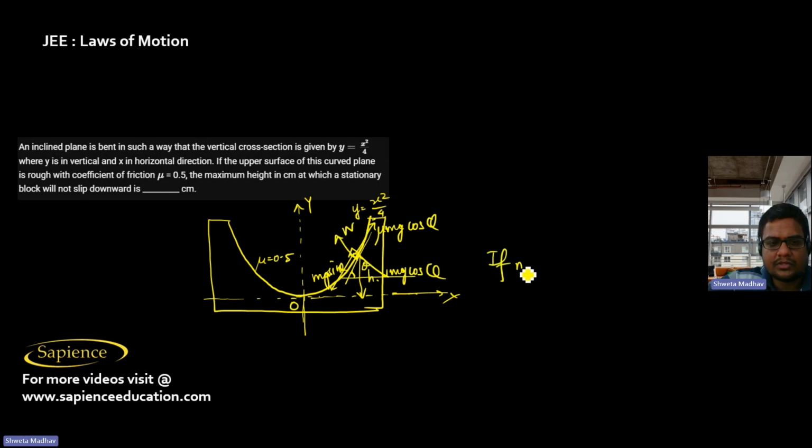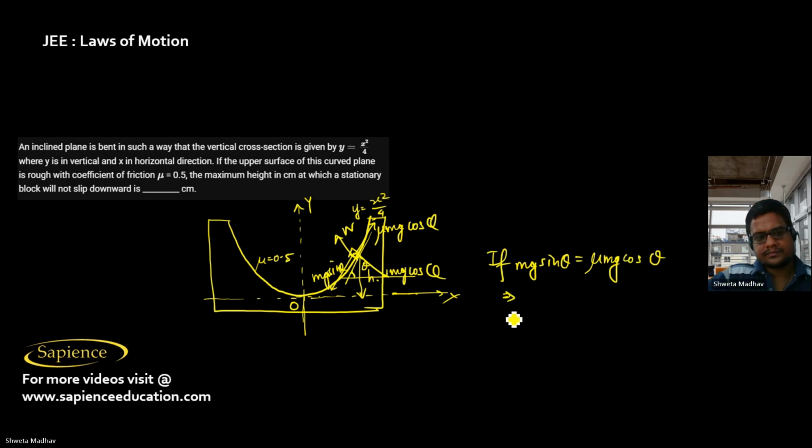So if mg sine theta is equal to mu mg cos theta, then it will not slip downwards. Then only we will get the maximum height. So let's say this point is x comma y, then actually height is the y coordinate of this point. So this only has been asked.